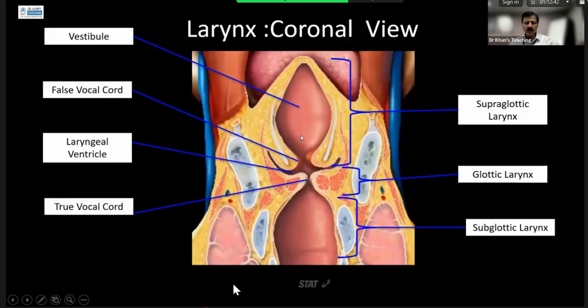It is the airway inside the supraglottic larynx. Then look at this mucosal fold where I'm pointing. These mucosal folds make this vestibule attenuated, so the airway will be a slightly different shape here. And this is known as the false cords.